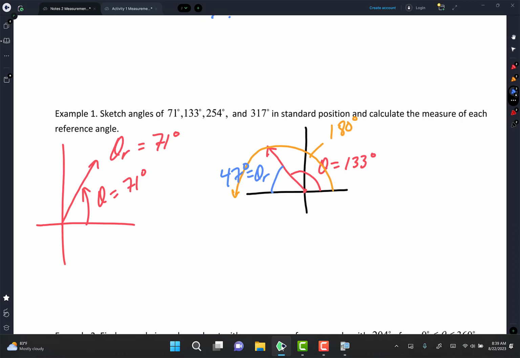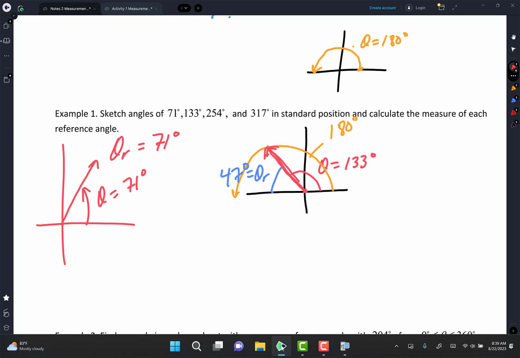Oh, because I want to figure out my reference angle. And so let me draw a brand new one. The distance from here to here, that's a linear line. See? That, you just went 180 degrees. So if I go from the positive x-axis to the negative x-axis, that's 180. But I didn't go all the way there. I went to 133 degrees.